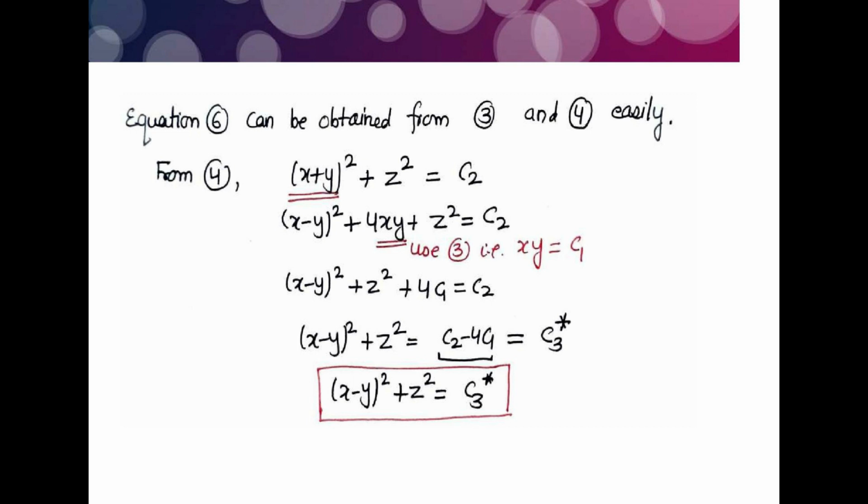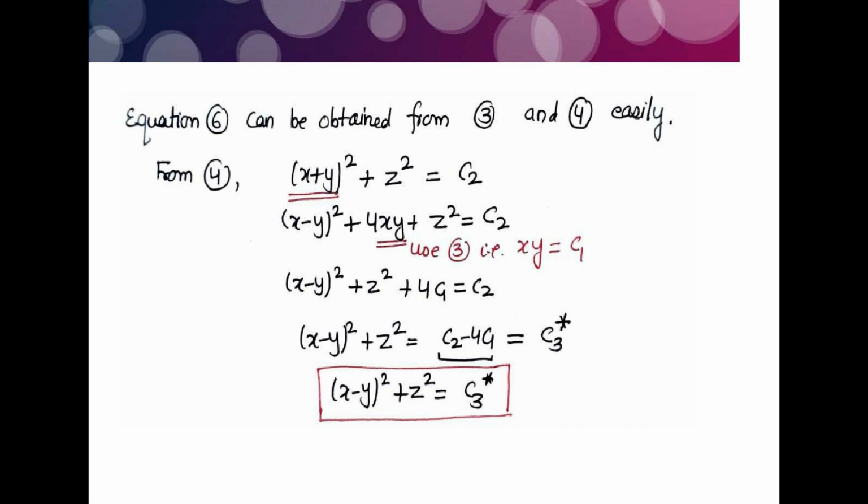Now I am using equation number 3 because our integral surface are such that here x plus y is equal to c1. That is equation number 3. So here we can substitute 4xy, we can put xy equal to c1. Now we can combine these two constant terms, c2 minus 4c1, and this is some new arbitrary constant, c3 star.